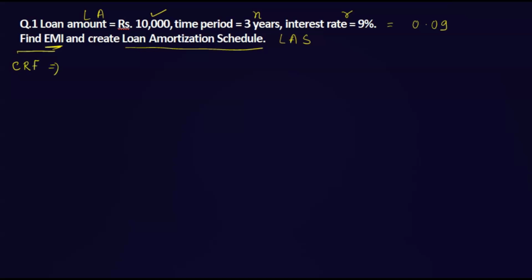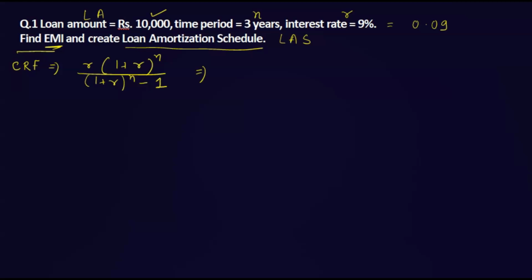If you remember, in the previous session we have already covered this topic. CRF formula is R multiplied by (1 plus R) to the power n, divided by (1 plus R) to the power n minus 1. Here nothing is monthly or yearly, so simply N is 3 and R is 0.09.